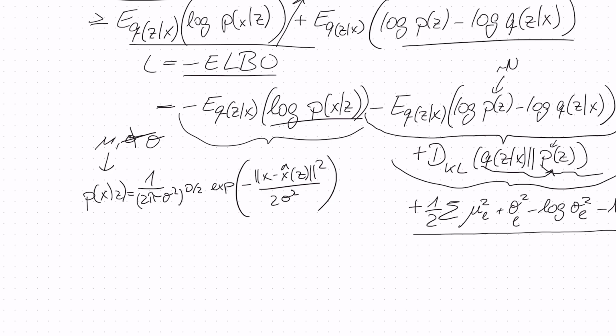So if we slap the log in front like this, then we get the log over here. So it will be the log of this part, and then the exponent will disappear, and you are left with this term. But when we take the gradient of our loss function, everything that is a constant will just disappear, because that's just what happens when you take the gradient.